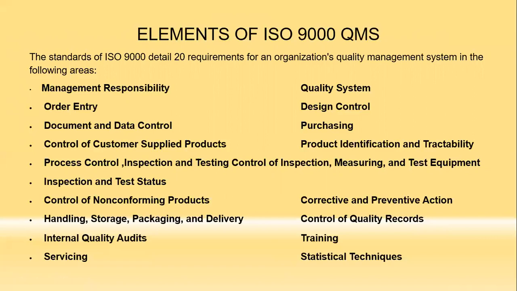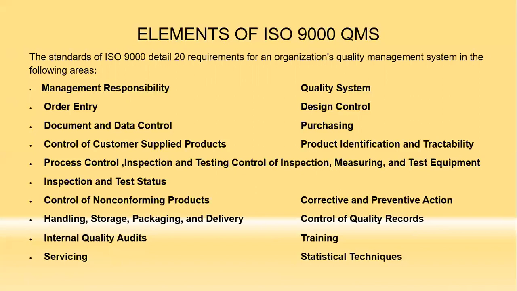Product and data control, control of customer-supplied products, process control, inspection and testing, control of inspection, measuring and testing equipment, inspection and test status, control of non-conforming products, handling, storage, packaging, and delivery. Everything will be specified. For all these things, there will be standards given by ISO 9000.